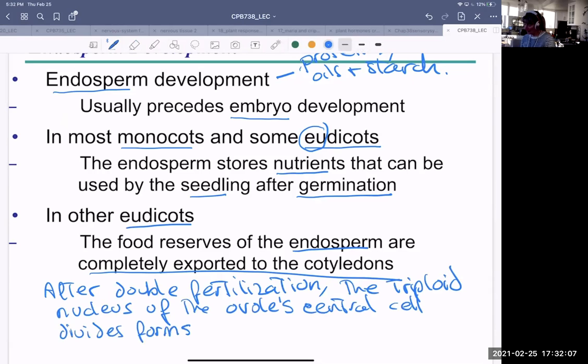So it's the nucleus that is dividing, the triploid nucleus that is dividing because it's fused, and it forms this giant multinucleate cell called a supercell, that has a kind of milky consistency.